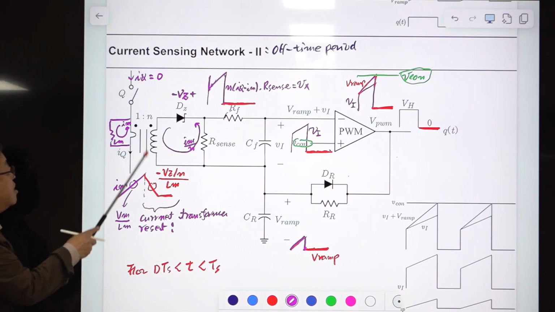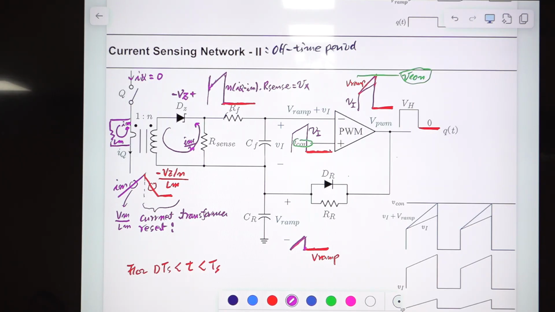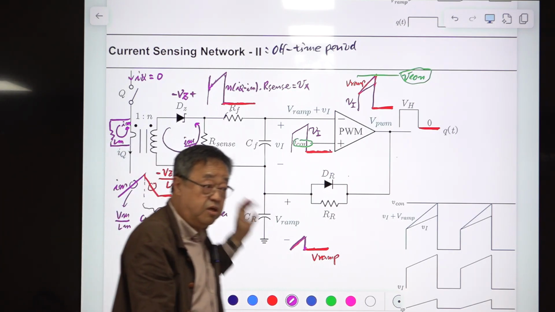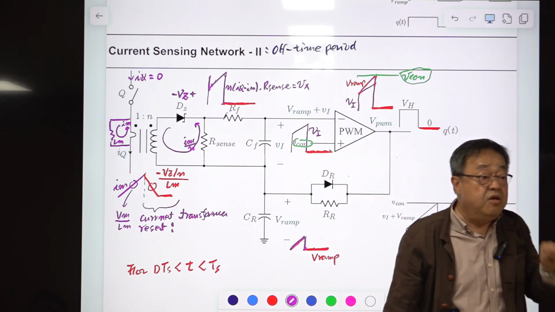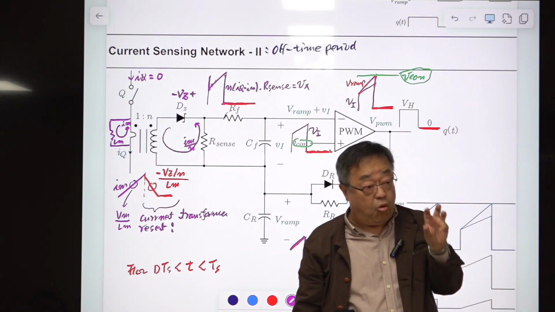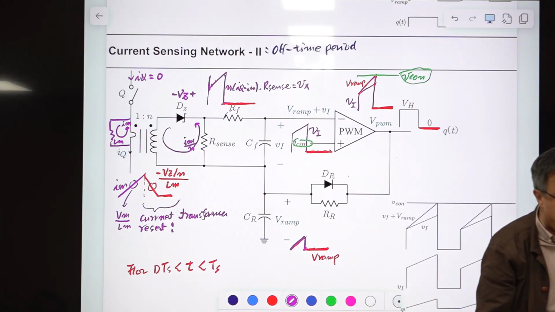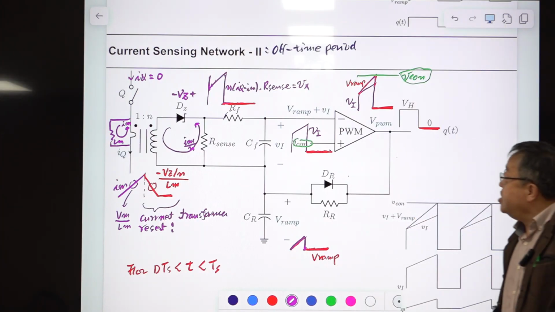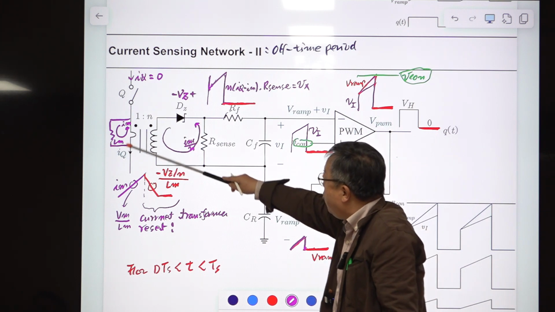So this performs the resetting of this current transformer. This should be a Zener diode, not a regular diode, because otherwise this core will be saturated. There is a reason for using one turn: to minimize the ohmic loss in the primary winding, through which the large main current is flowing.